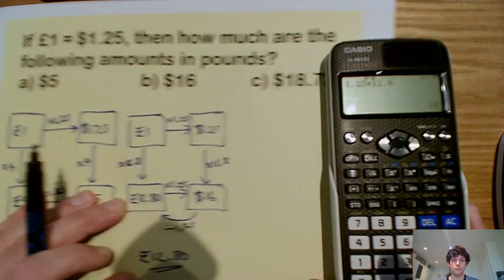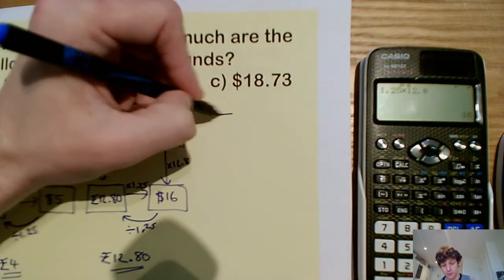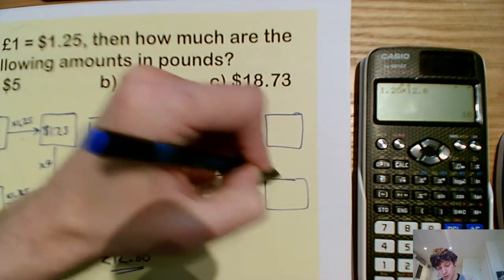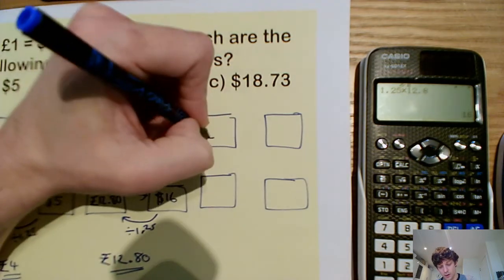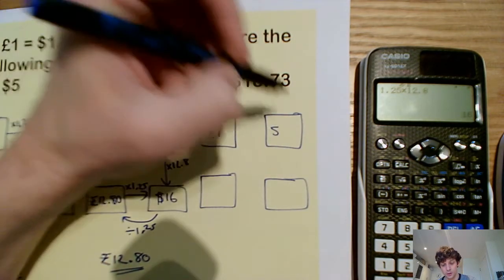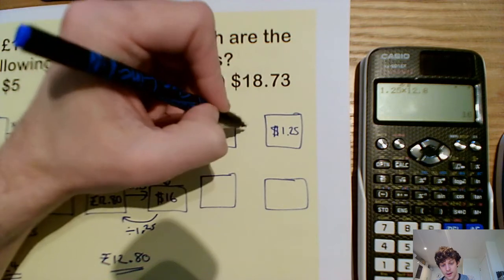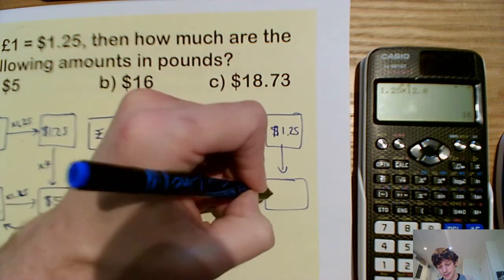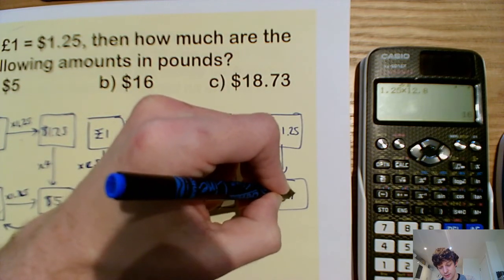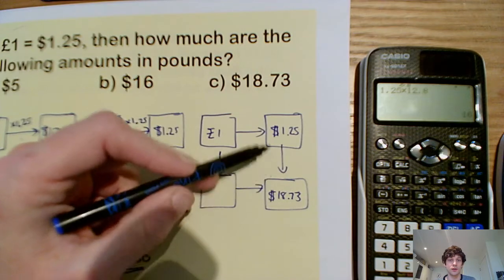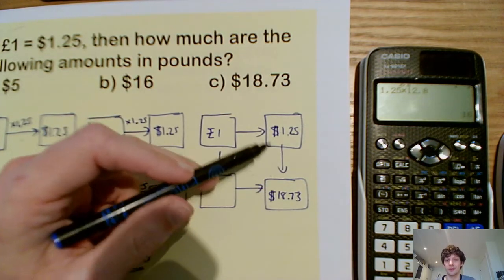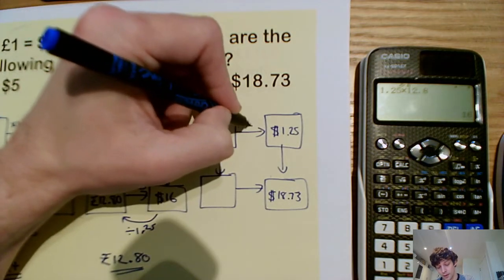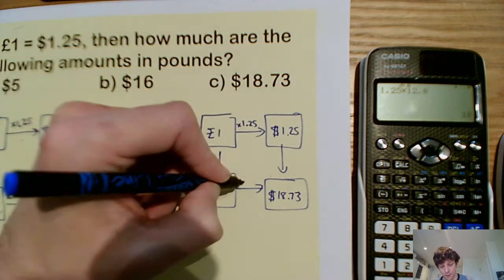Okay, final example. Again, same exchange rate. £1 is $1.25. Let's draw my arrows on. I want $18.73. You can see here, actually figuring out what this multiplication is would be a real nightmare. It looks like a really difficult number to be multiplying by. But I can see that multiplying across, I still multiply by 1.25.